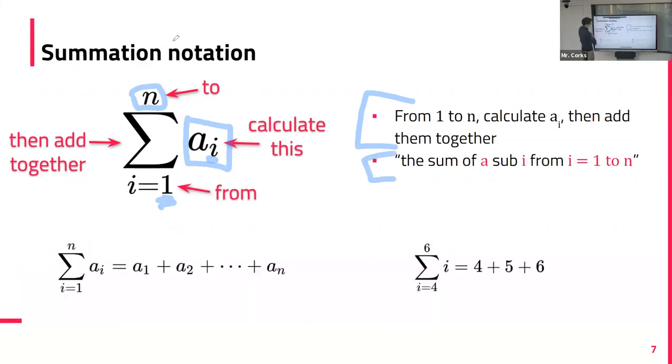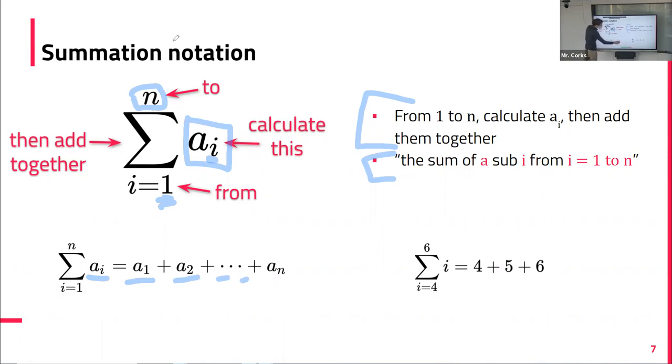Some examples of this, in a more general sense, it's like this here. So a_i could be anything, I don't know, 2 times i or i squared or whatever. But okay, so figure out the first one, figure out the second one, and the third one, and the fourth one, etc., until n, whatever n we've chosen, and then stop, and then we add them together. So that's just kind of expanded on what this represents.